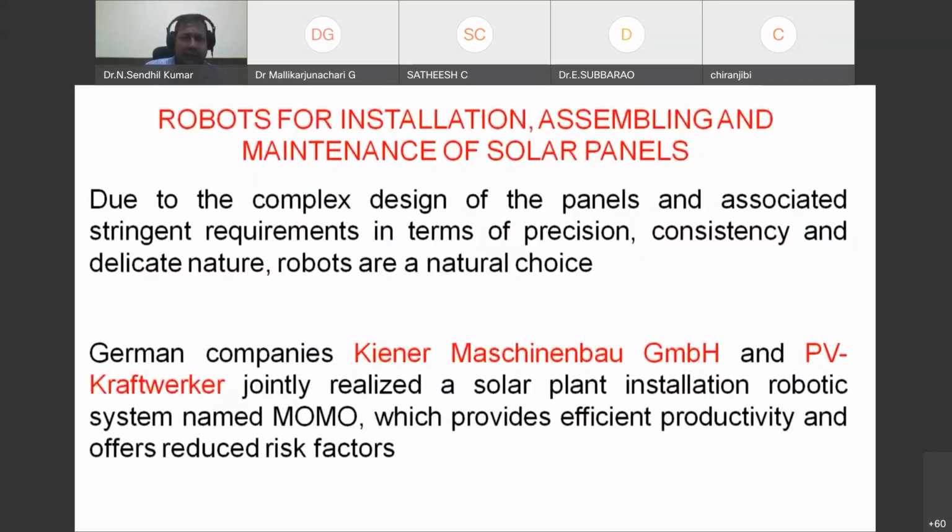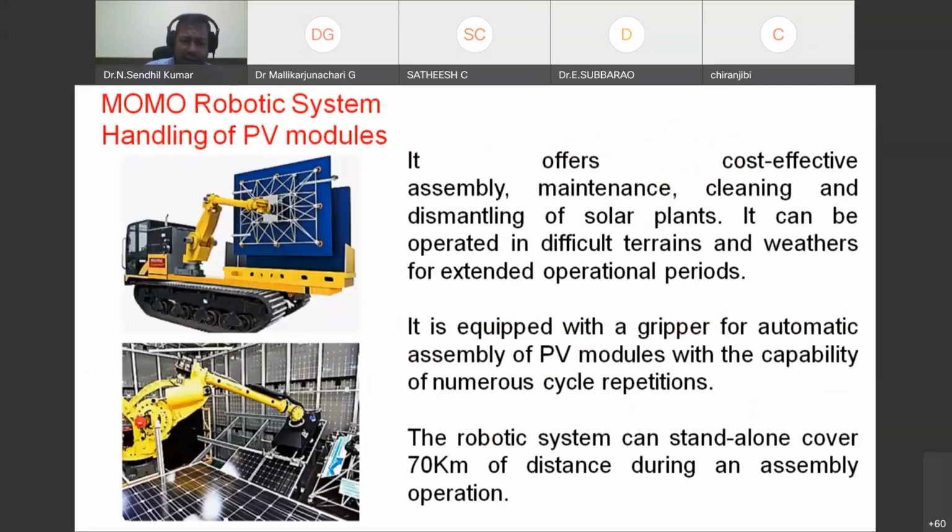Now another thing: solar panels. Two German companies jointly developed Momo robots, which will be used for PV cell production. This is equipped for PV panel work and numerous repeated cycle operations.